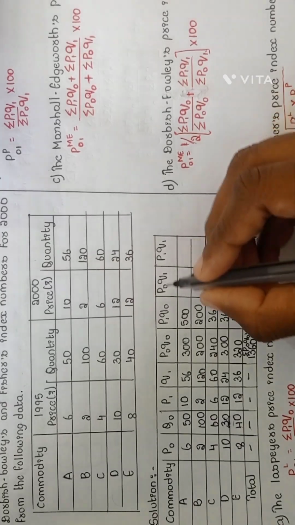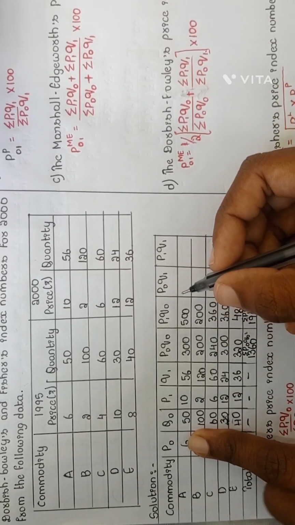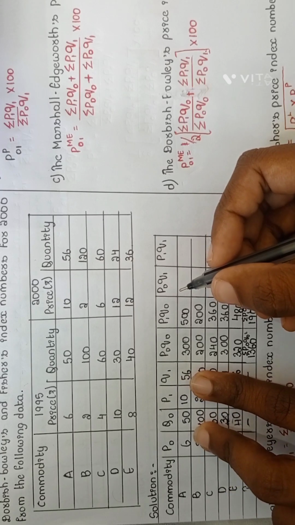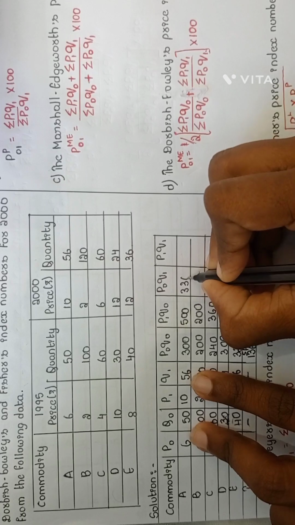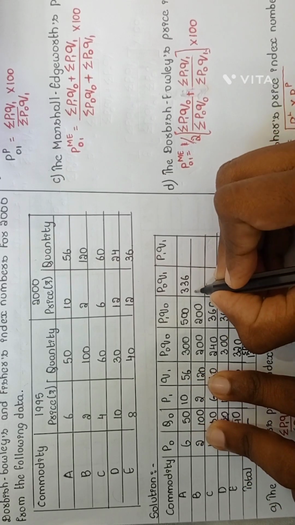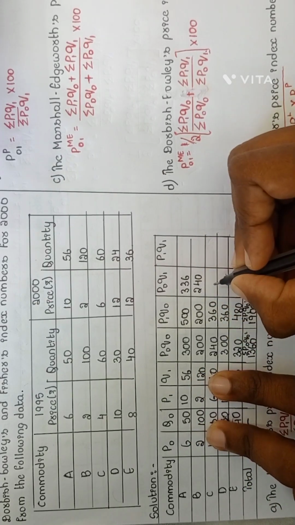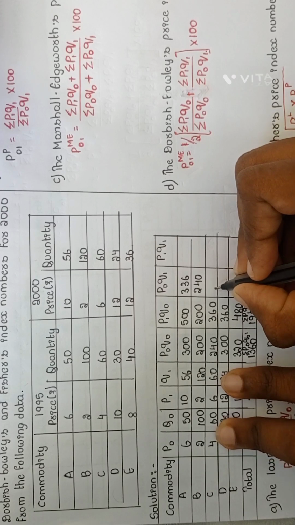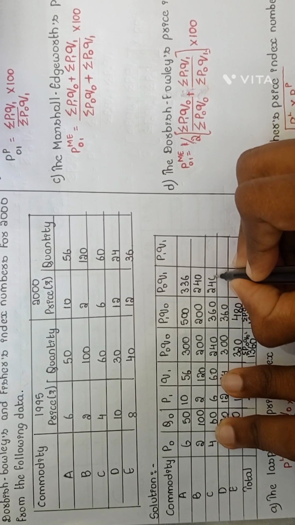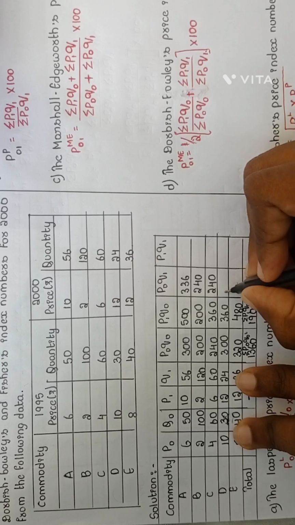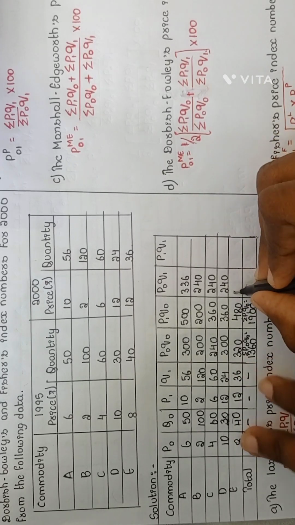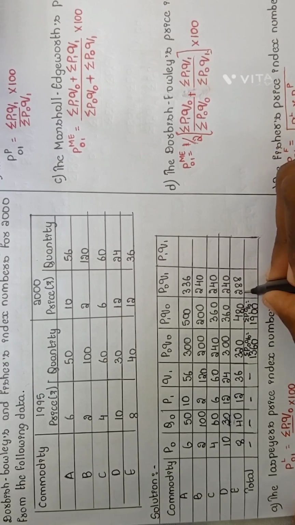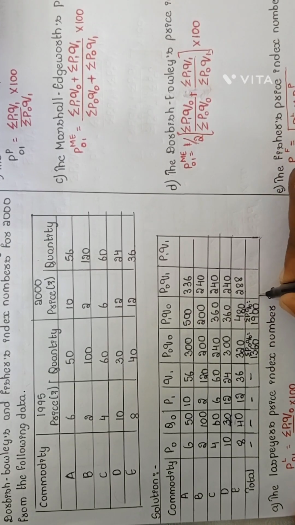Okay, next let's multiply P0 and Q1. So 6 into 56 is 336, and 2 into 120 is 240. 4 into 60 is 240. 10 into 24 is again 240, and 8 into 36 is 288, and the total of this will be 1344.